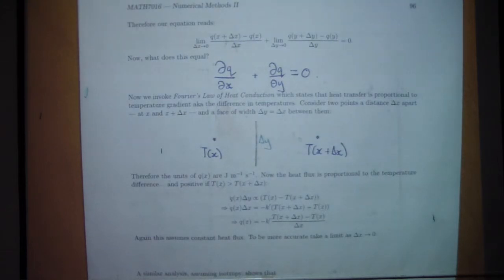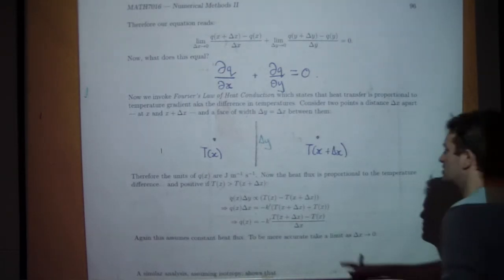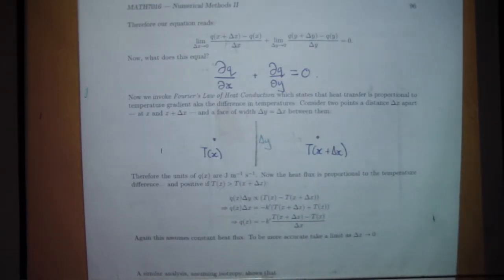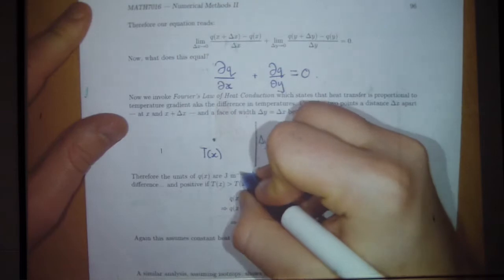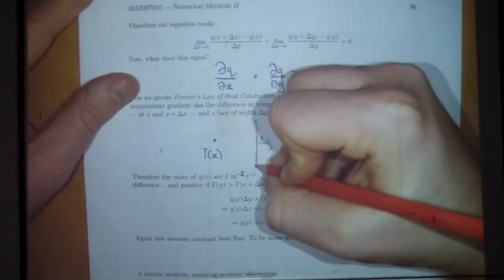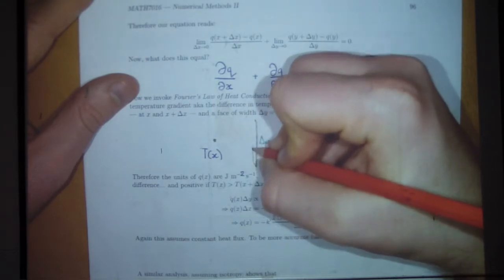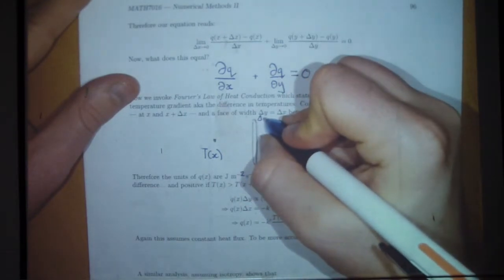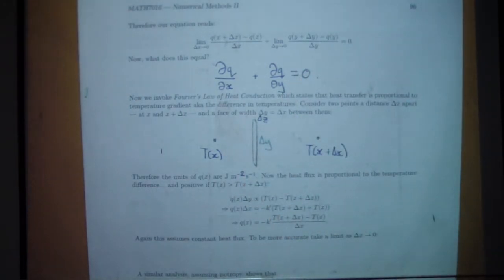The units should be per meter squared, because it has to have an area. You can't have heat going through a line. That doesn't work. So there's a little bit of delta z going on as well. So it's a very narrow thing, like a little narrow pane, a window.